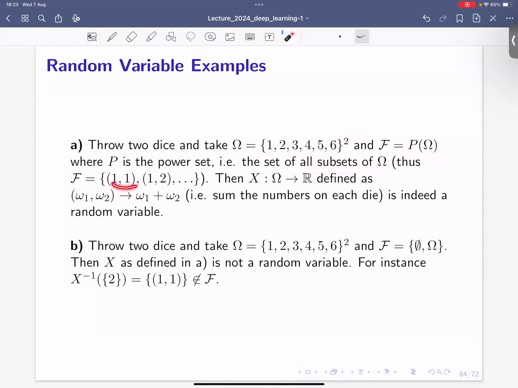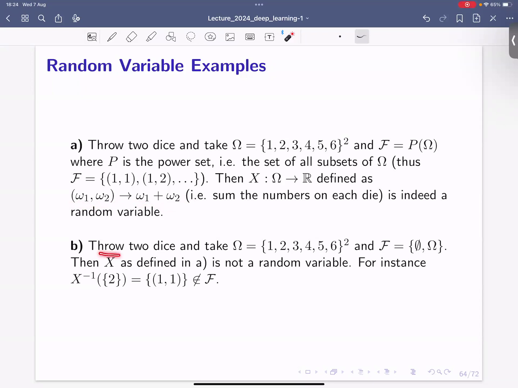So you have (1,1), (1,2), and so on. Then you define a random variable x, which is the sum of the numbers on each die. So this random variable is again a function from omega, which here has two elements in it, omega 1 and omega 2, and the random variable itself would just be omega 1 plus omega 2. So this is one example of a random variable.